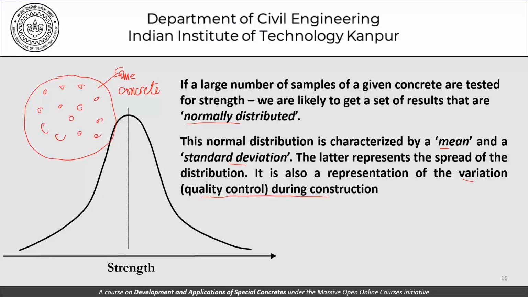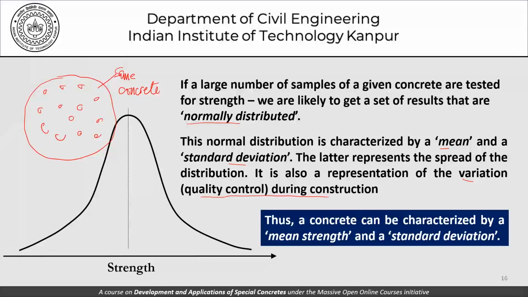If the quality control is good, the spread will be small. But if the quality control is poor, we can expect a large value of the spread. Thus, a concrete is characterized by a mean strength and a standard deviation.